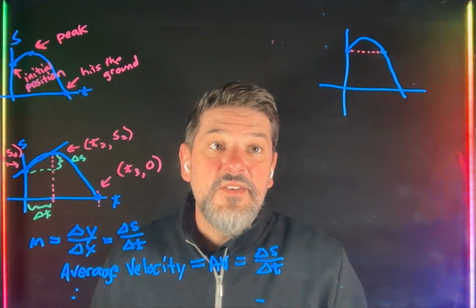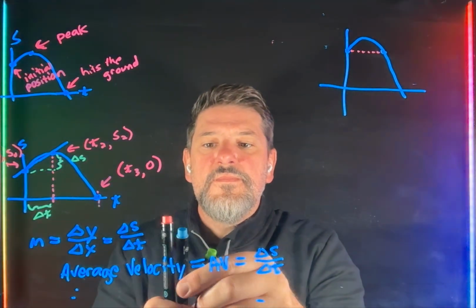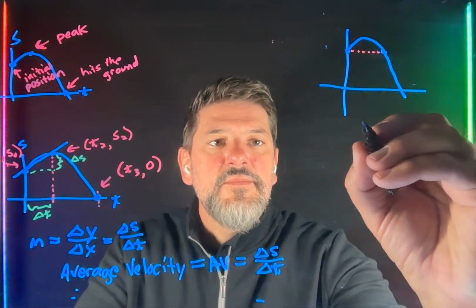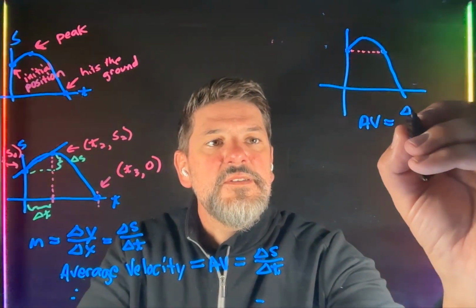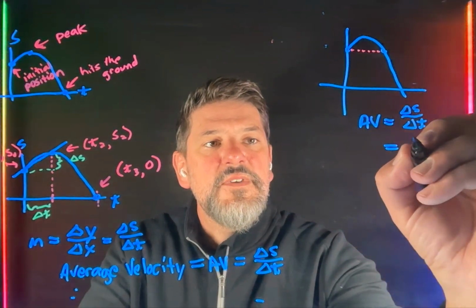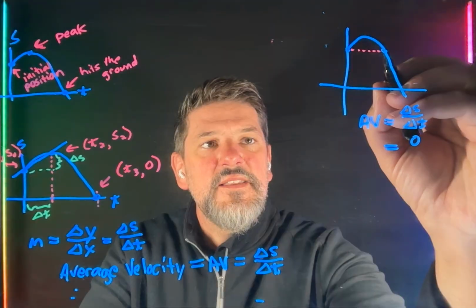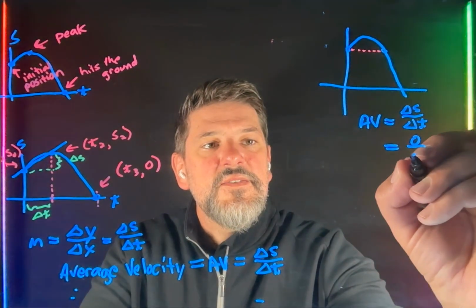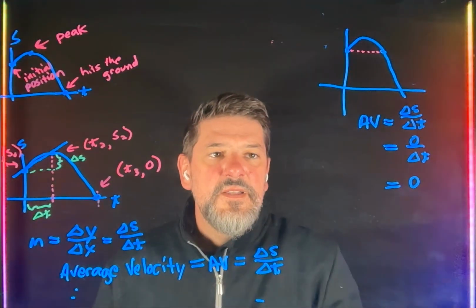So in this case, your average velocity is going to be, let's go back to blue again. My average velocity is going to be the change in position over the change in time, but the change in position is 0 because that y value, that height, and that height are the same. And so therefore, your average velocity is 0.